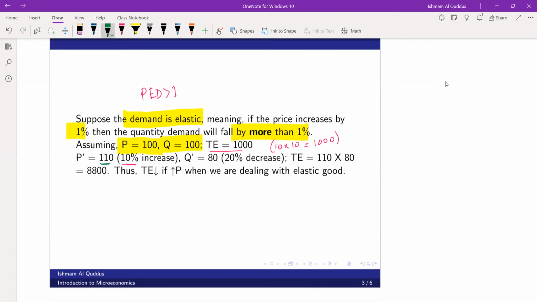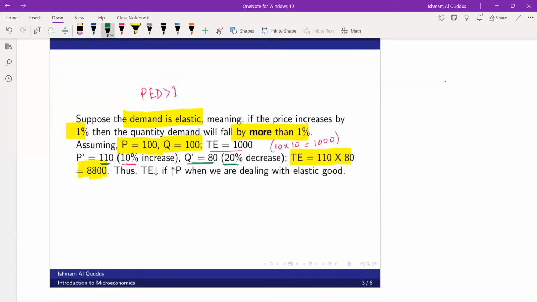And let's say due to the price increase, there was a decrease in quantity demanded, and that decrease was by 20%. So now the new quantity would be 80. You calculate the total expenditure, you get 110 multiplied by 80, 8,800.